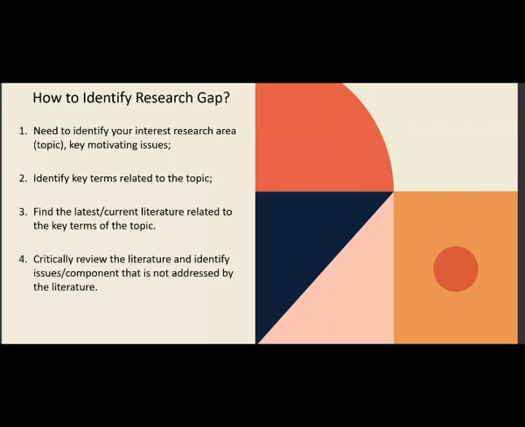Okay, the next one is you need to critically review the literature, and you need to identify the issues, the component that is not addressed by the literature. So my keywords here are critically review. You need to be critical. Most of the problem with the students, when I go through their work, or sometimes when I am the examiner, in the literature review part, they are lacking critical analysis.